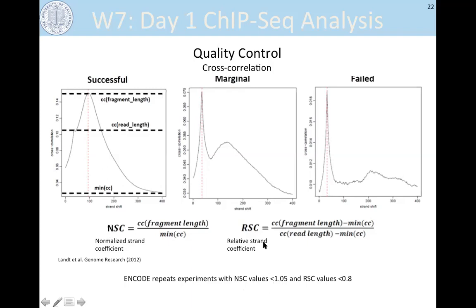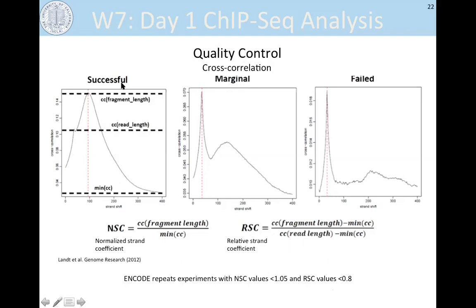And also you can calculate a relative strand coefficient. This is the cross-correlation at the estimated fragment length, minus the minimum cross-correlation, over the read length cross-correlation minus the minimum. If that value is less than 0.8, then ENCODE would repeat the experiment.